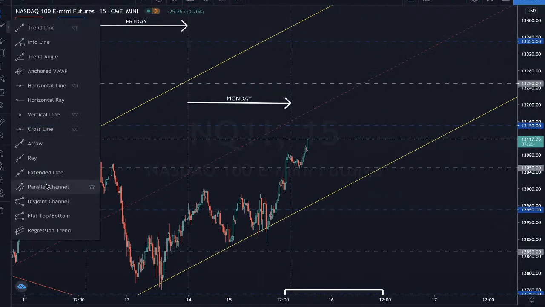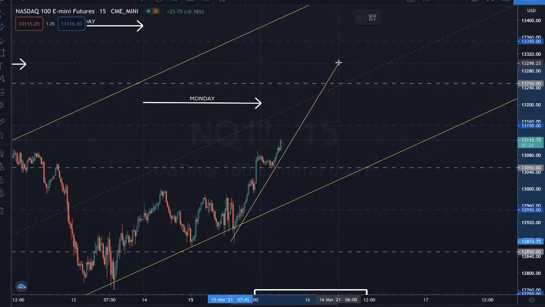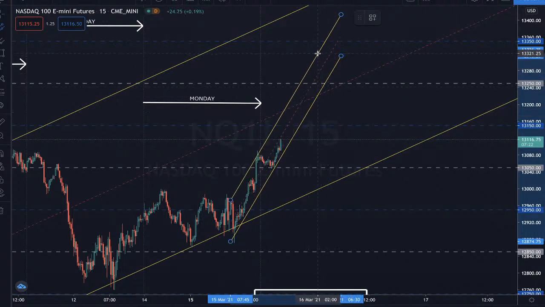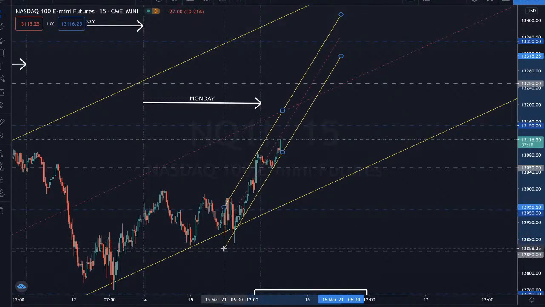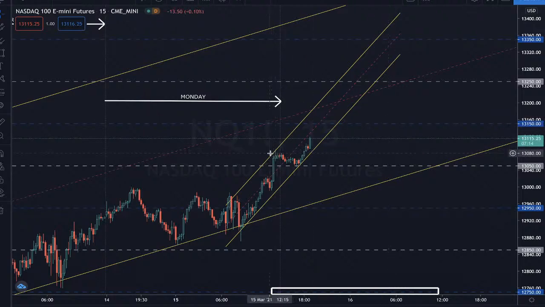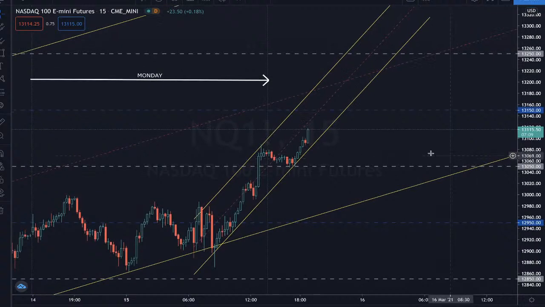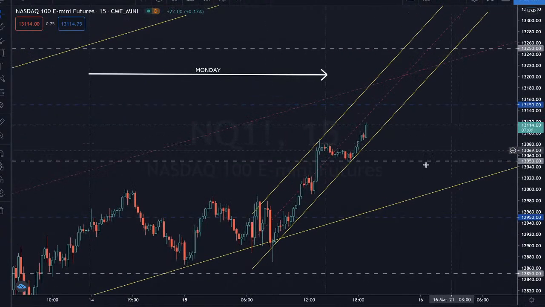If you trade on smaller time frames, you can see that right now we're forming a very, very tiny channel right here, and this can give great opportunities for momentum traders, not scalpers, but pretty much every single day trader who trades very small momentum movements.